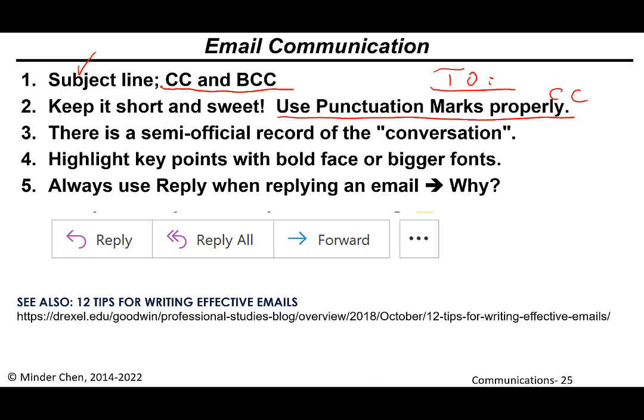Also, email allows you to keep a record of the conversation. This is something I want to specifically point out to some of you, because a lot of the time I engage in some email dialogue with students. They ask for something, I answer their question and say, for instance, let's set up an advising appointment, this time okay?